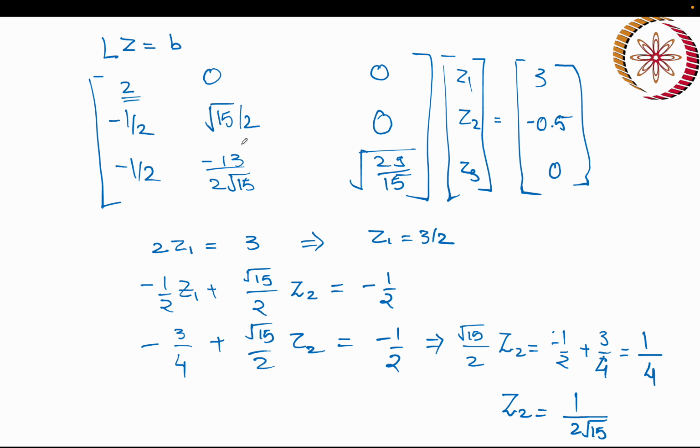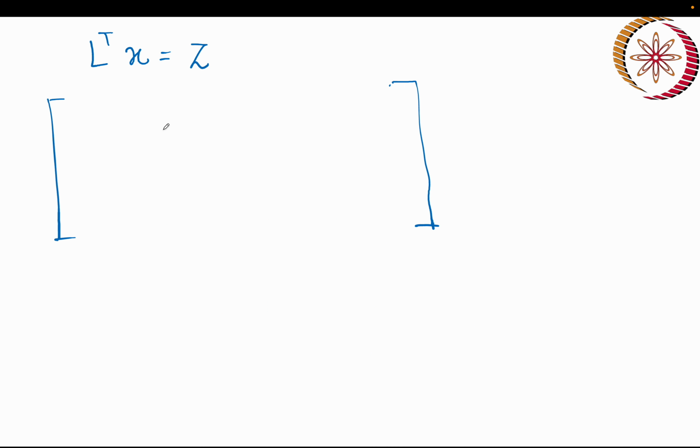So now finally we are supposed to solve L transpose X is equal to Z. So we will write L transpose. The first row is 1, minus half, minus half.